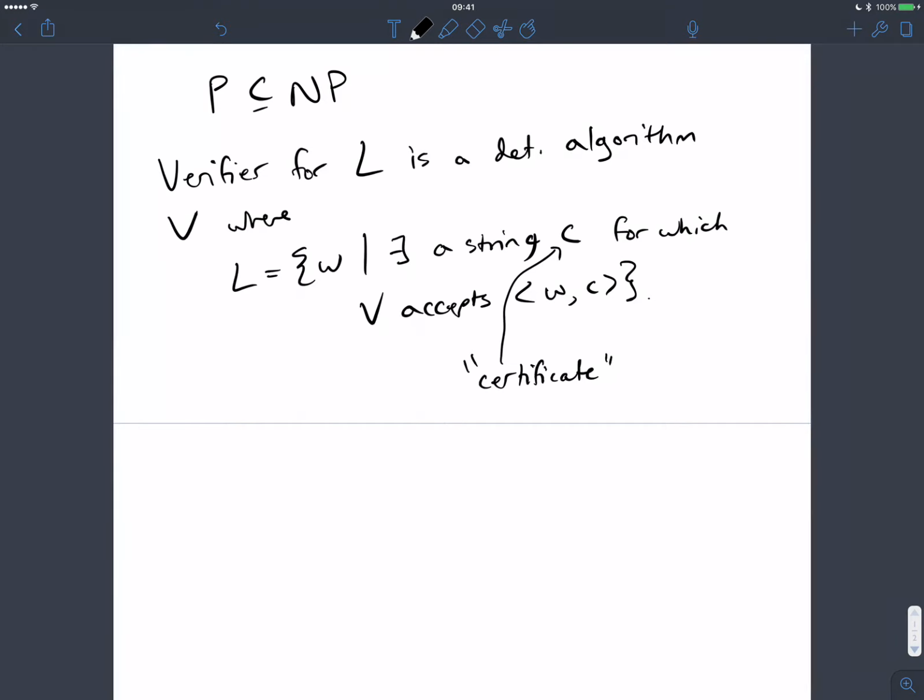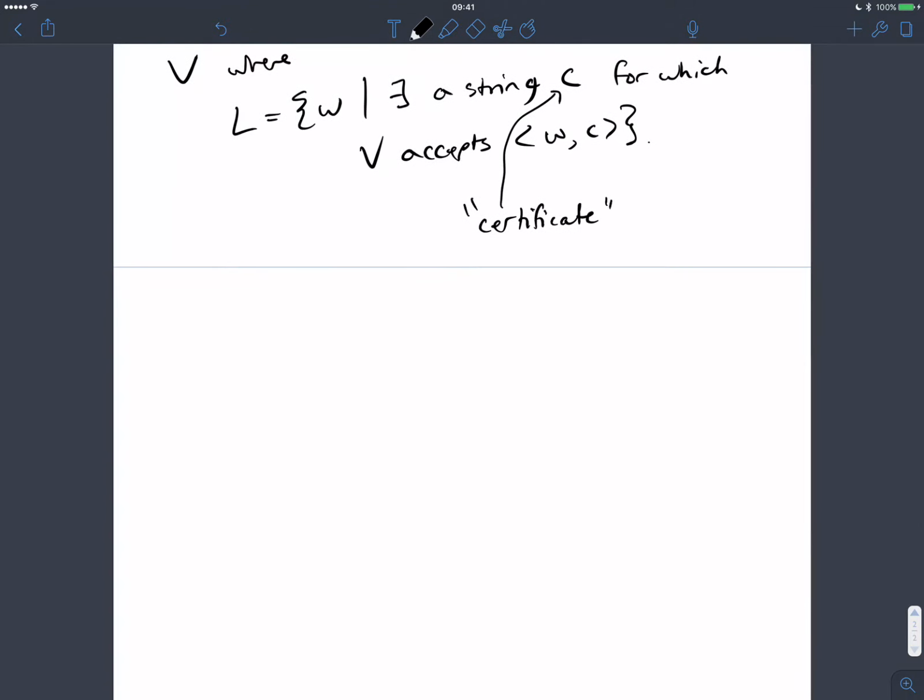But the idea here is that my friend is telling me, yeah, this string W is in the language, and this C string is the certificate, the proof that it is in the language.